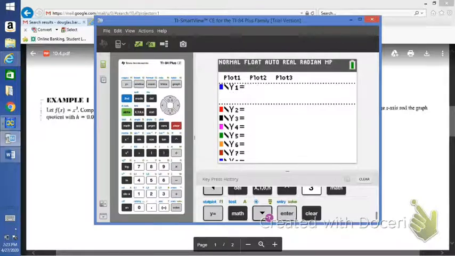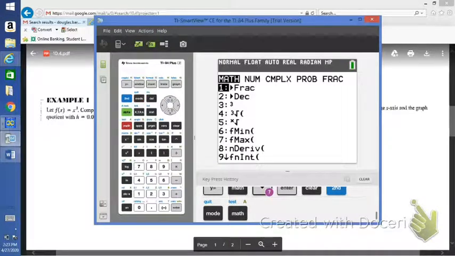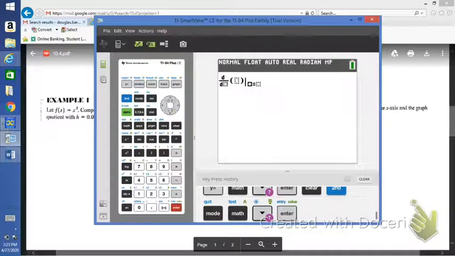Actually, let's get out of there. So math, number 8, hit enter. Alright, nDeriv. Okay, so you'll see a blinking cursor there. We want to put in d over dx, so always just put an x there.